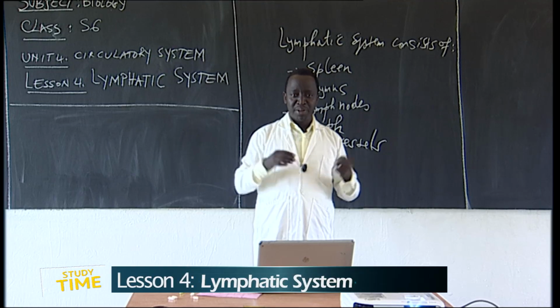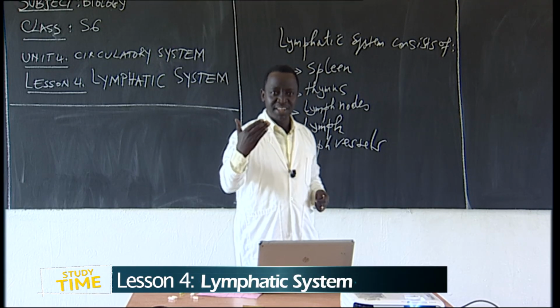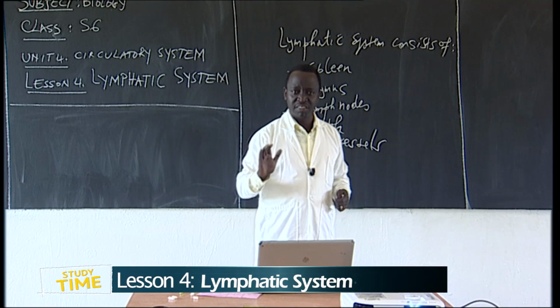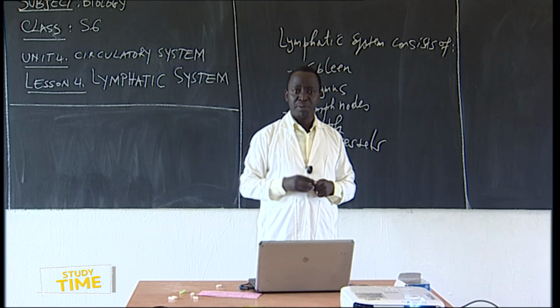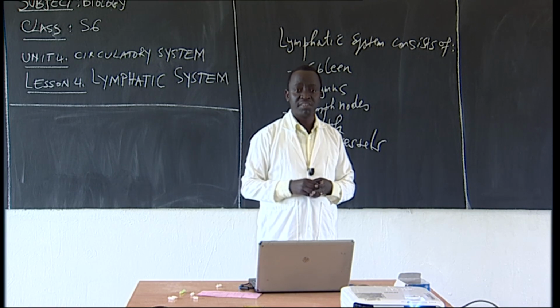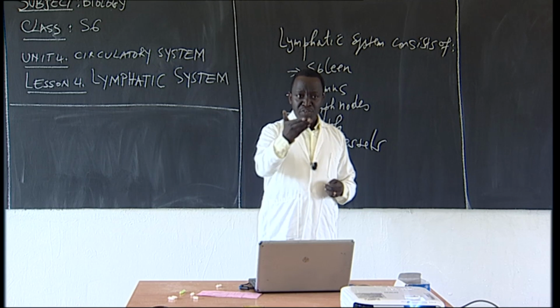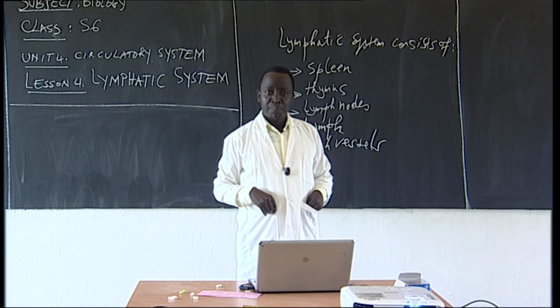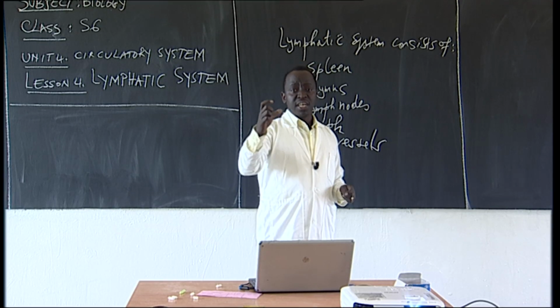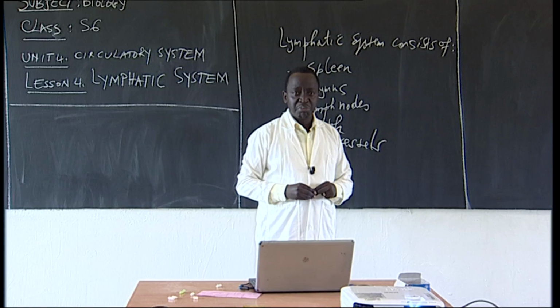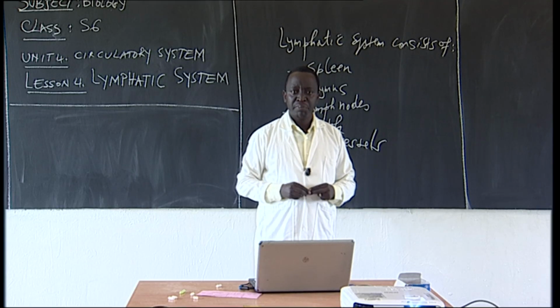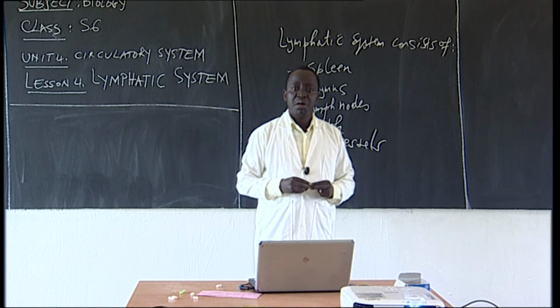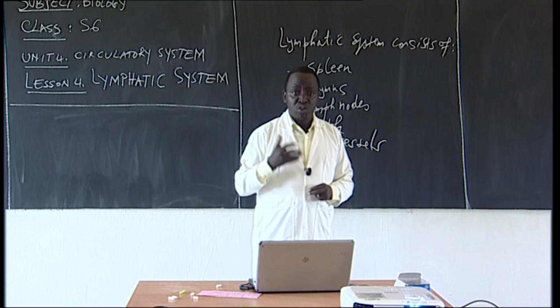What happens when you get, for example, infectious pathogens? A pathogen is an organism that can cause disease. When you get pathogens, for example bacteria or viruses, what will these lymph nodes produce?